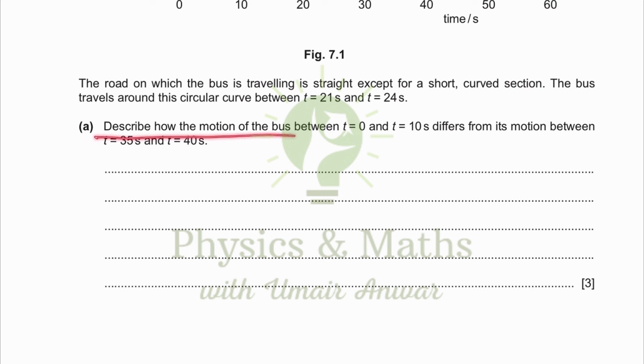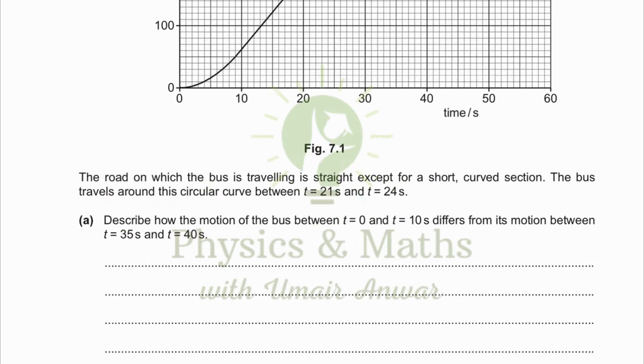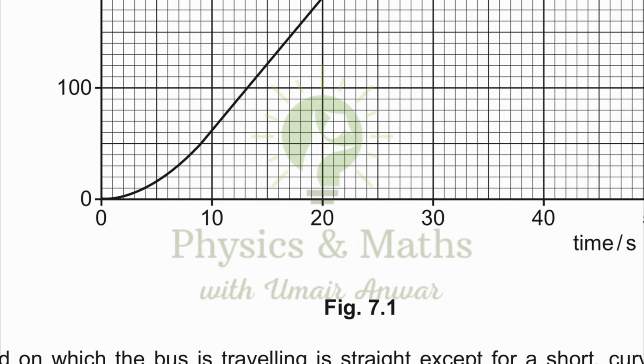Describe how the motion of the bus between t is equal to 0 and t is equal to 10 seconds differs from its motion between t is equal to 35 and t is equal to 40 seconds. Now if we look at the first portion, we can see that we have a curve over here, and this curve is of increasing gradient.